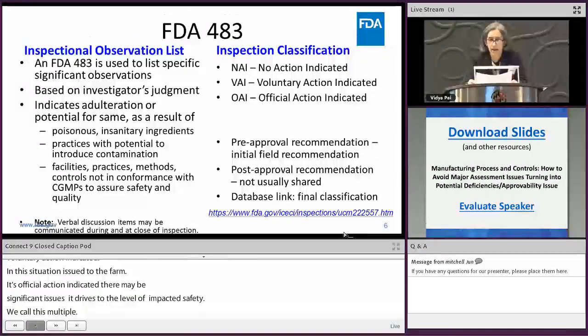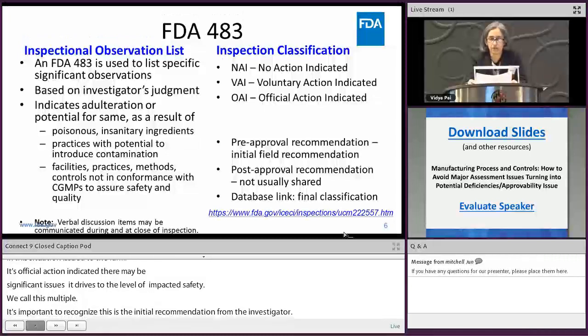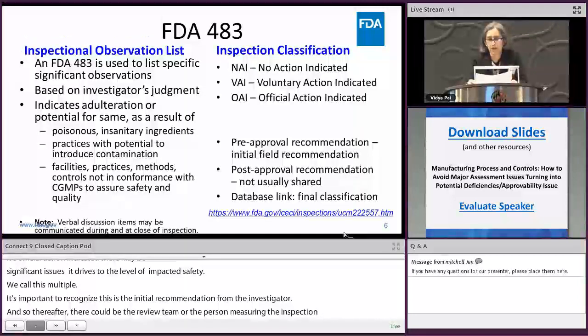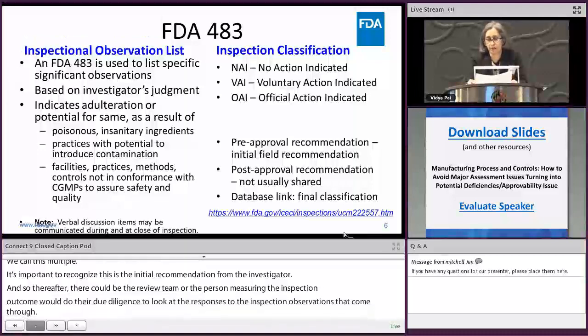Thereafter, the review team or the person reviewing the inspectional outcome would do their due diligence, would look at the responses to the inspectional observations, would look at the inspection report, and then finally provide a recommendation around the approvability of the application from a facilities perspective.